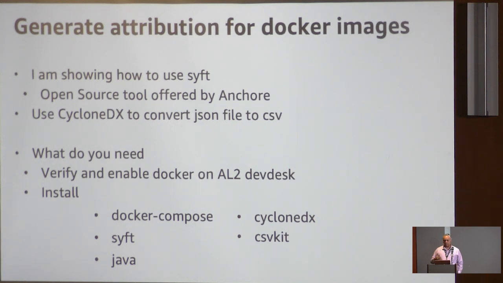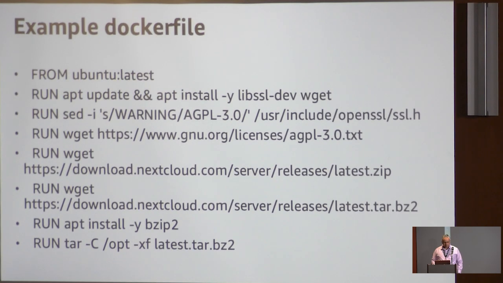Now, in my particular case, because I was running this in an Amazon Linux 2 desktop, I had to install Docker Compose, Syft, Java, CycloneDX, and CSVKit to see the output as well.